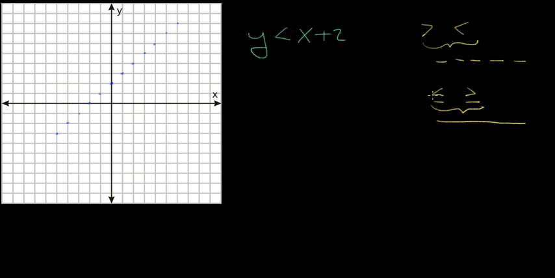We use a solid line to indicate that we are talking about the points on that line. Just like on the number line when we graphed a regular inequality, an open circle means that I'm not talking about that point. Closed circle means that point is a solution. So this dashed line is the same as an open circle, and the solid line is the same as a closed circle.